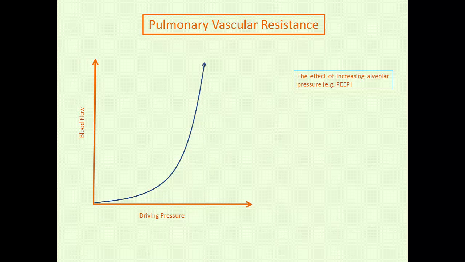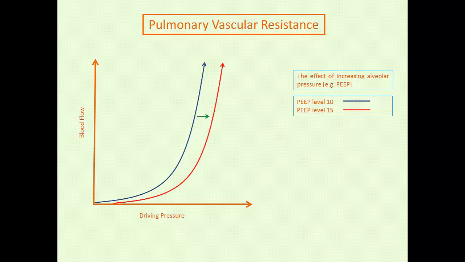So what happens to the pulmonary vascular bed when you increase alveolar pressure? That is, you apply PEEP, or you increase the transpulmonary pressure, which tends to increase pulmonary volume. Well, it tends to shift the curve rightwards, and this, as I mentioned to you, would be like an effective increase in pulmonary vascular resistance for a given driving pressure.